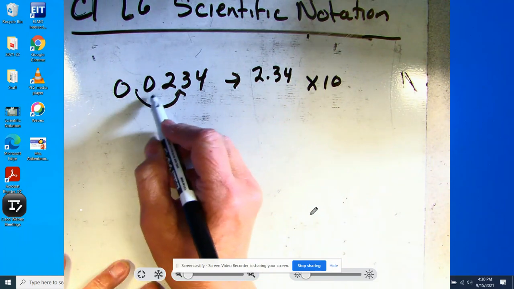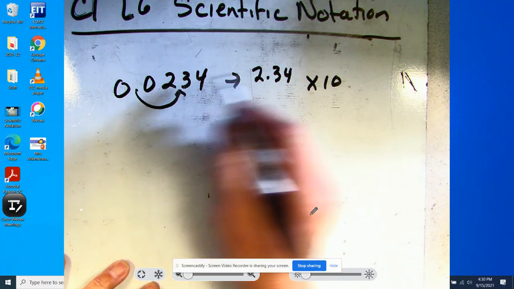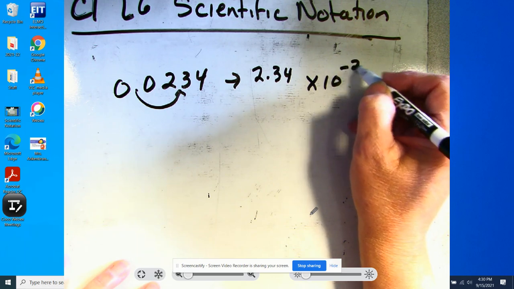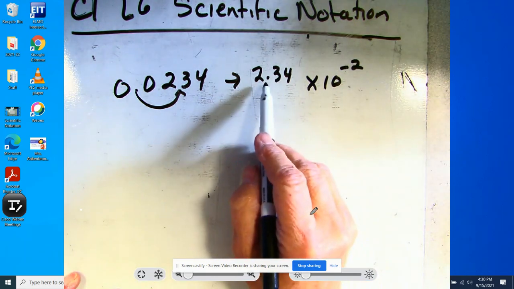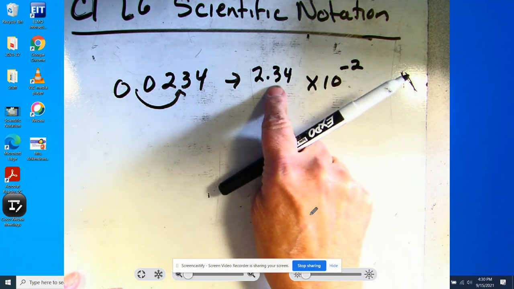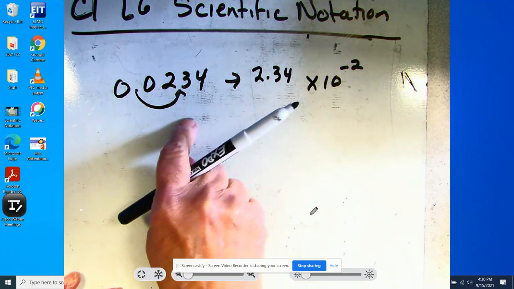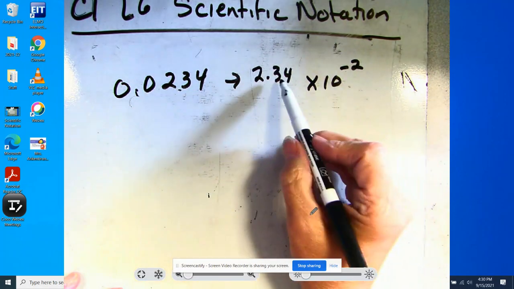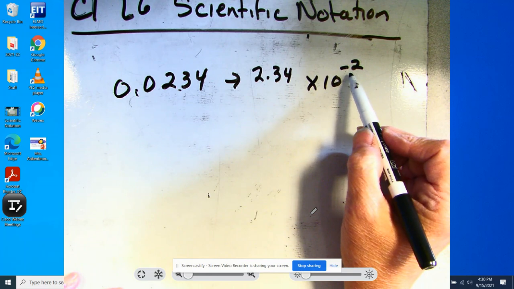We move the decimal 1, 2 places. That means this is going to be negative 2. Why is it negative 2? Because I want to make sure I take my 2.34 and I move the decimal to the left to make it the same number I started with. In order to make the decimal move to the left, I have to have a negative exponent.